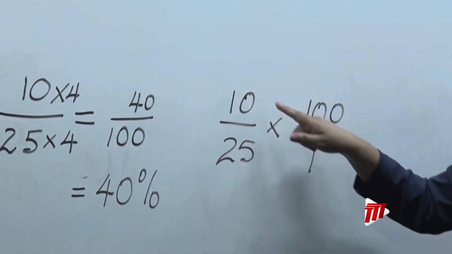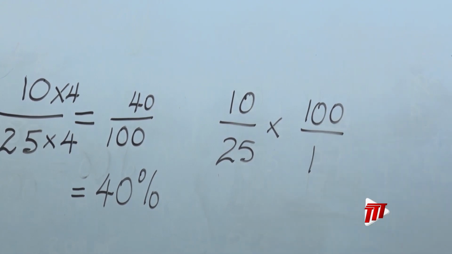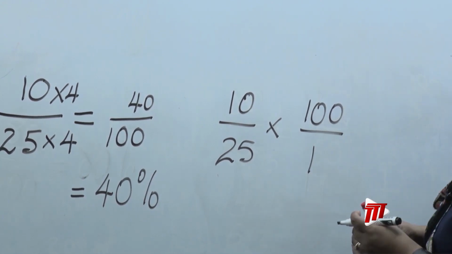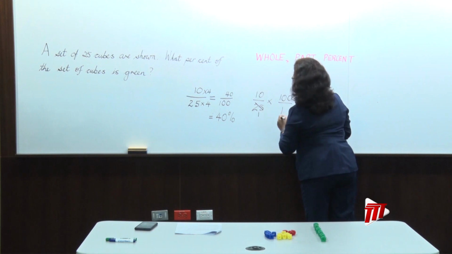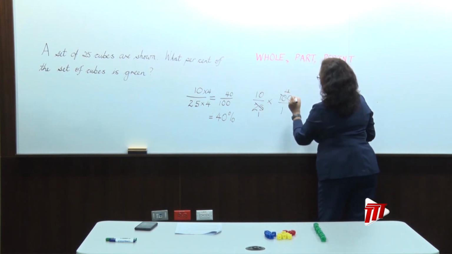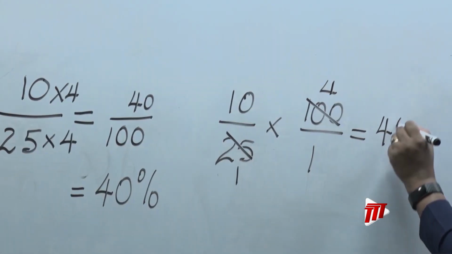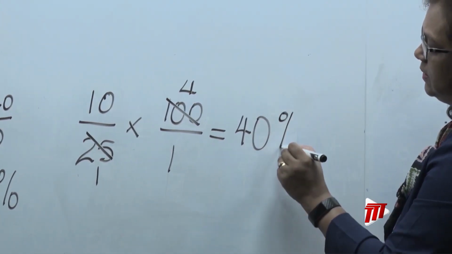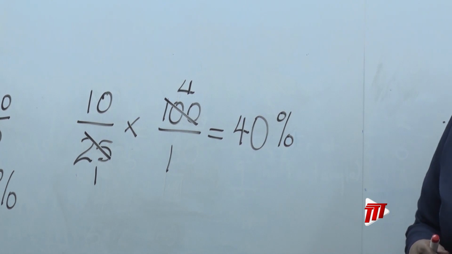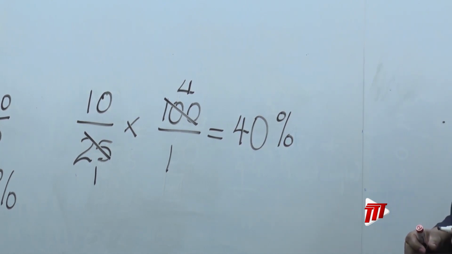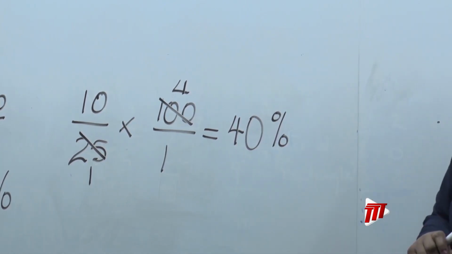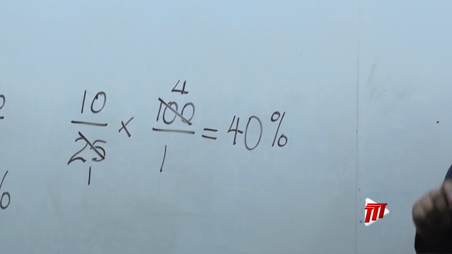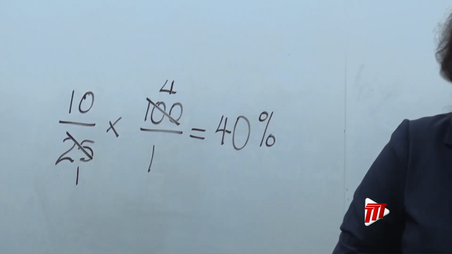So I'm finding this fraction of 100. Again, 25 can go into 100 4 times, and I get 40. But that's not my answer. I must include the percent, because this is a fraction which has a denominator of 100. So 40% of my cubes are green.